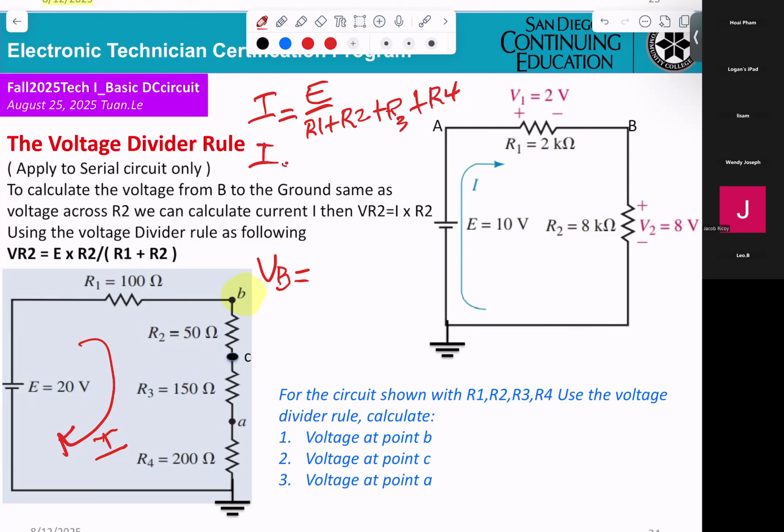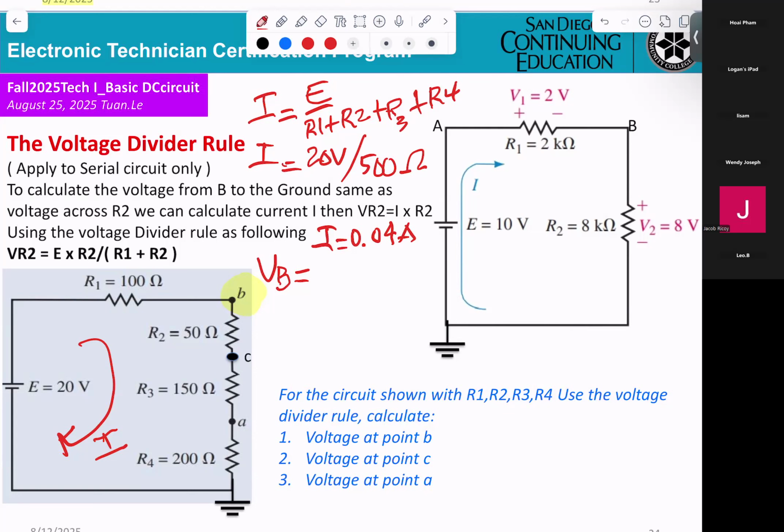So I will be 20 volt divided by 100 ohm plus 50, 150, 300, 500 ohm. Okay. 20 divided by 500 is 0.04 ampere.